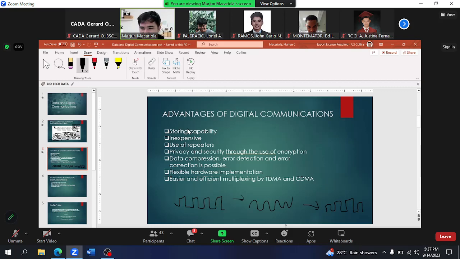Okay? So, flexible hardware implementation. So, basically, you are familiar with Arduino, di ba? So, when we are changing programs or we are about to modify some programs, what we do is just delete the program, then i-load natin yung bagong program dun sa hardware natin.